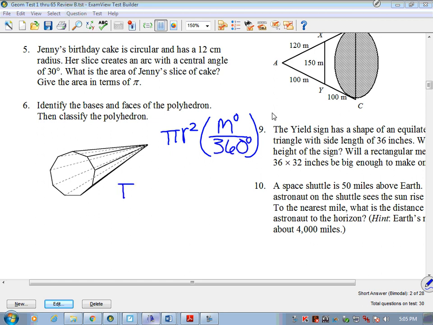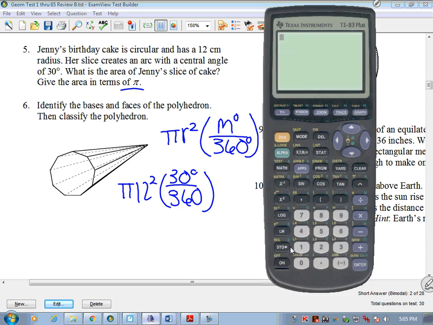So we're going to take pi times our radius. Okay, has a 12 centimeter radius, 12 squared, and we're doing a 30-degree angle. We want our answer in terms of pi. So all we really have to do is leave pi out of it, which is fine. So we're going to clear that out from our last one.